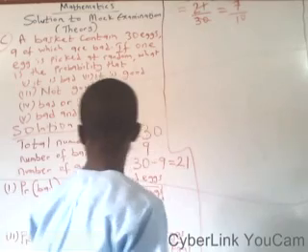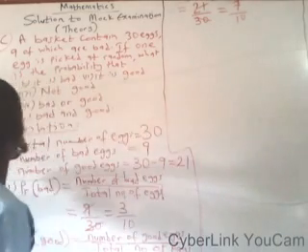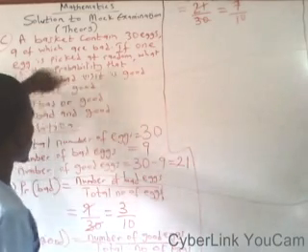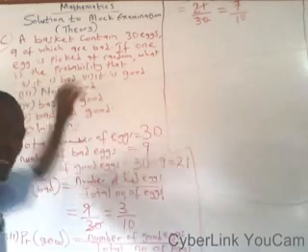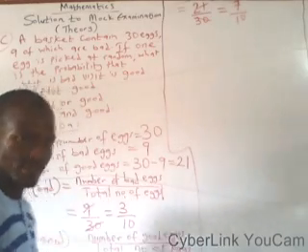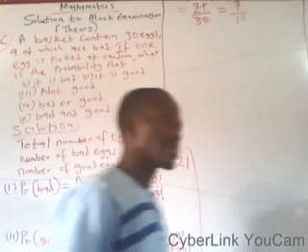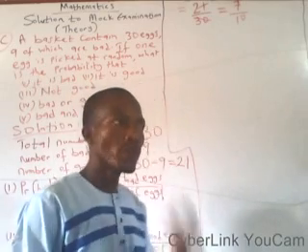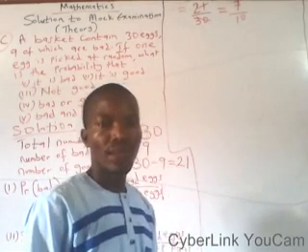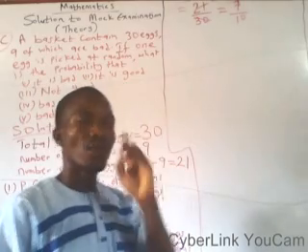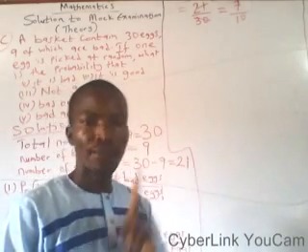Now the next question, which says probability of not good. Whenever you see probability of not, it simply means that it negates the true information. That means we are going to have 1 minus.